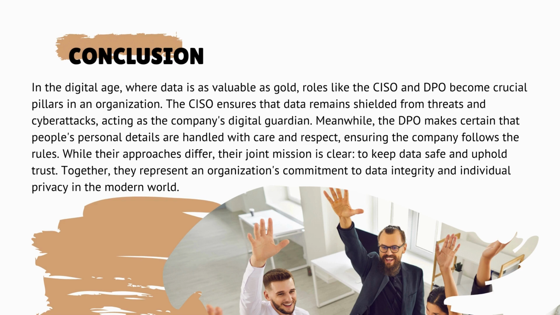Meanwhile, the DPO makes certain that people's personal details are handled with care and respect, ensuring the company follows the rules. While their approaches differ, their joint mission is clear: to keep the data safe and uphold trust. Together, they represent an organization's commitment to data integrity and individual privacy in the modern world.